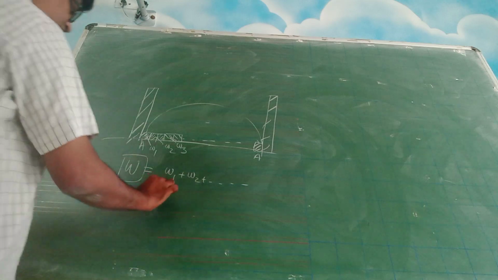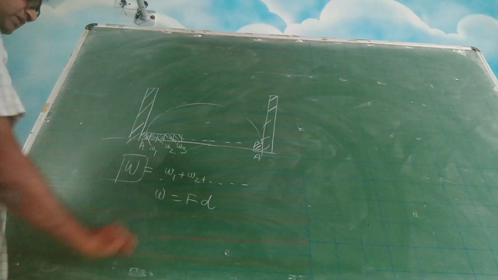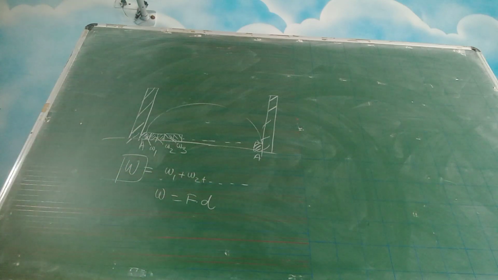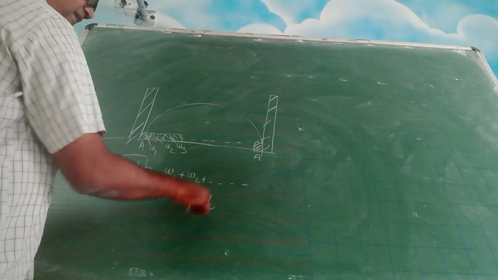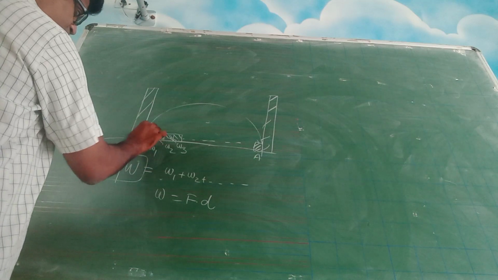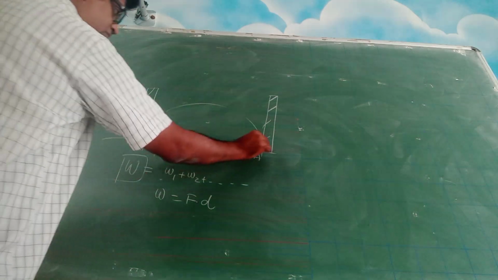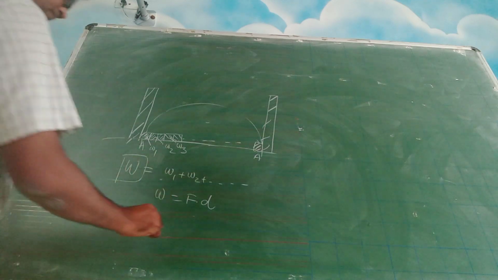Work basically is force into distance. Work is force multiplied by distance. Vector-wise, it is a dot product of the force vector and the displacement vector. So basically you are pushing this object slowly from this point to this point. Can we write it in integral form?